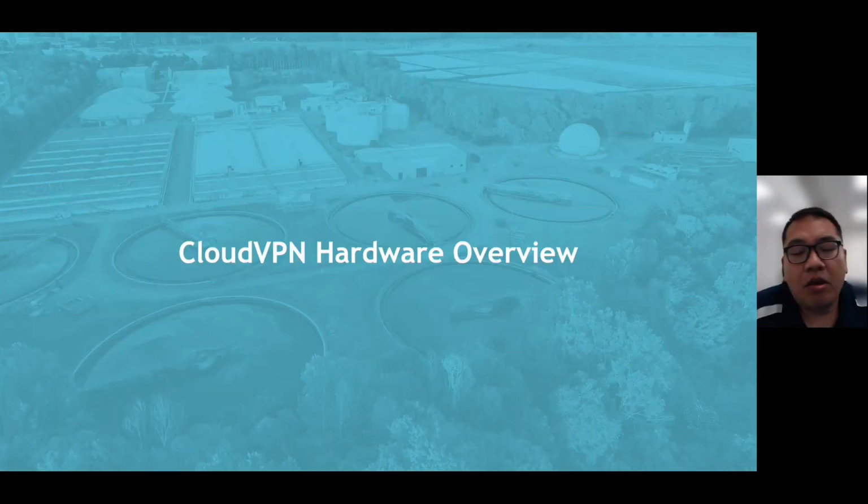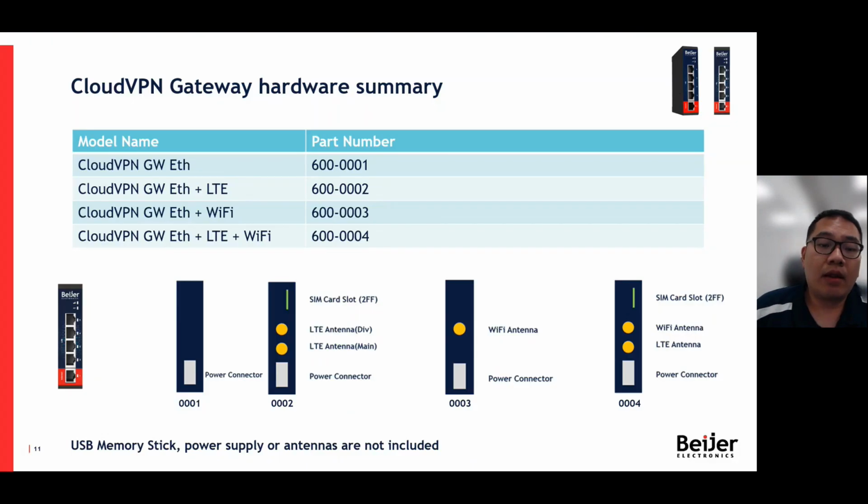Okay, so next, we'll talk about the CloudVPN hardware overview. Like I mentioned, the CloudVPN has multiple different variants. Depending on what you need, you can select the most appropriate hardware for your customer or for yourself. We have 4 different variants. Ethernet is on all our hardware variants.